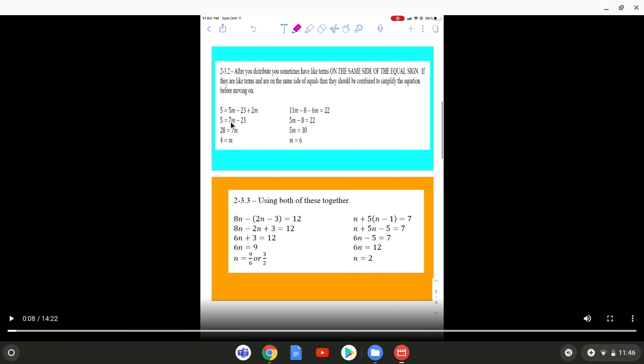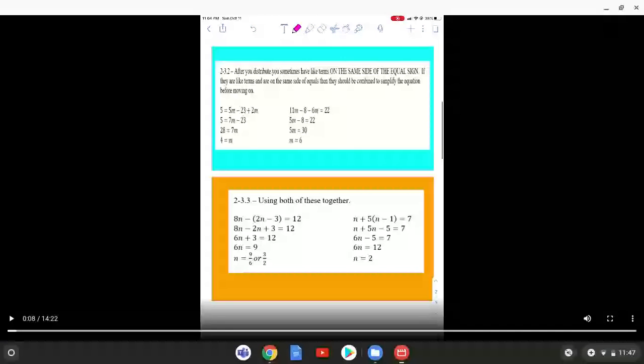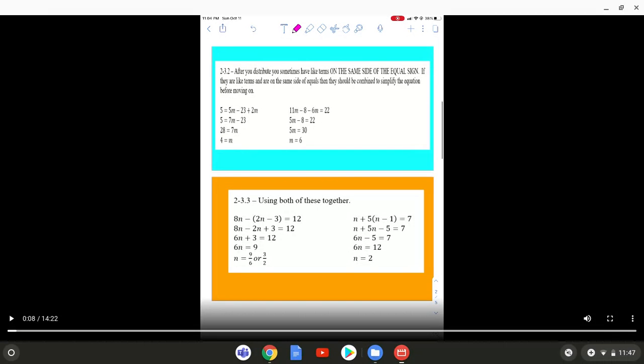So what we're going to do is combine those to get a much easier equation to work with. So now we've got 5 equals 7m minus 23. We are going to add 23 to both sides to cancel out that subtraction, and we are going to get 28 equals 7m. To isolate m, we are going to undo this multiplication using division. So I'm going to divide by 7 on both sides to get 4 equals m.